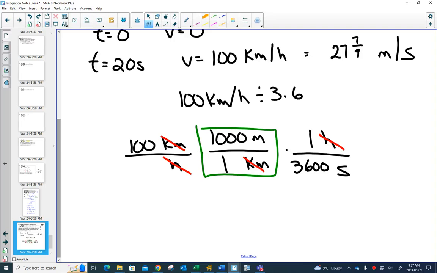The 1,000 over 3,600 simplifies to a 3.6 on the bottom, your memorized shortcut. If you forget that, you can figure it out. I like being able to figure out things I forget, so I can free up my brain for something else. But then I can't forget it, for whatever reason. So we figured out how to do it.